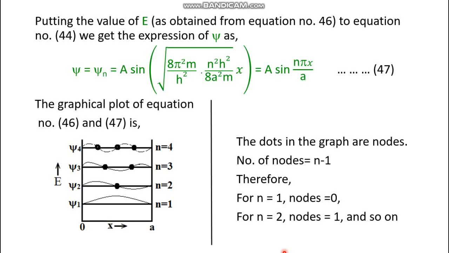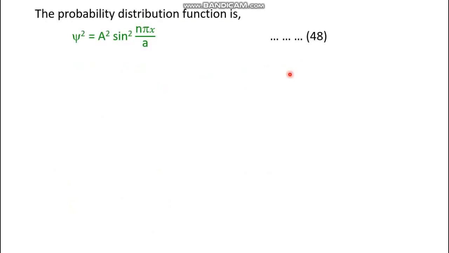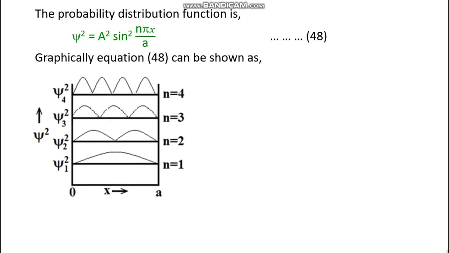The expression of psi is A sine theta, so it becomes A squared sine squared theta, where the value of theta is n pi x by a. This equation number 48 has the graphical presentation like this. So this is the graphical presentation of psi squared as a function of x and of n as well.